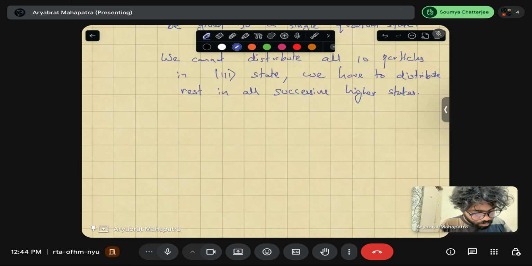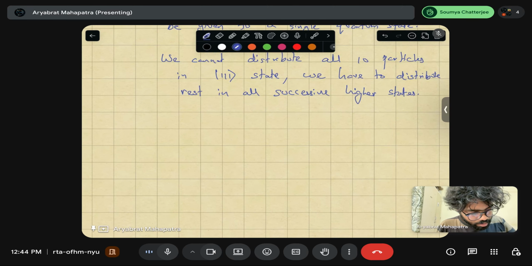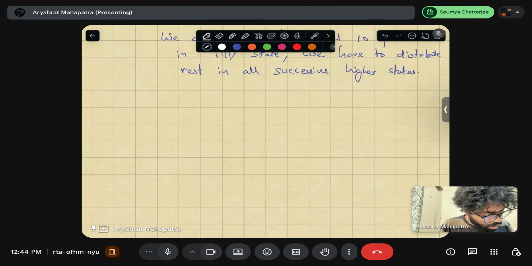So if you see how we can distribute them, the ground state is 1 1 1. You can distribute one particle here.